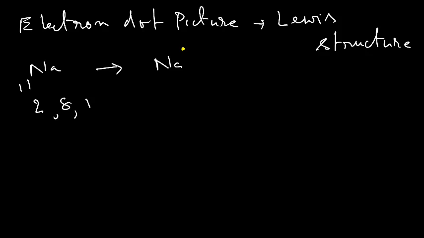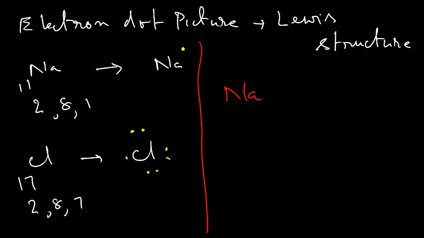So, one electron here as a dot. On the other hand, chlorine 17, configuration 2,8,7. Therefore, chlorine has 7 electrons in the outermost shell. So, 1, 2, 3, 4, 5, 6. So, here Na with its electron, plus Cl with these electrons. Here this electron transfers from sodium to chlorine.